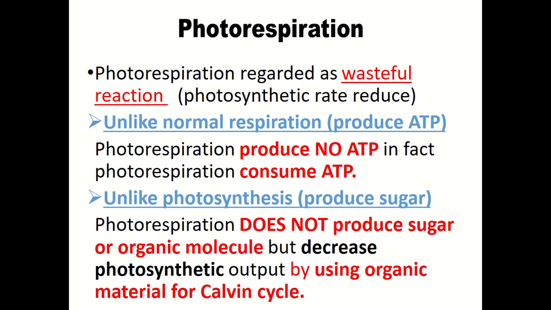In fact, it consumes the ATP that was produced by the light reaction. And unlike photosynthesis, photorespiration does not produce sugar, but only produces a two-carbon compound and decreases the photosynthetic output by using organic materials from the Calvin cycle.